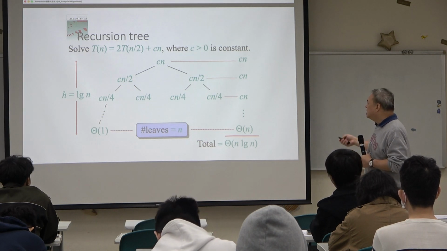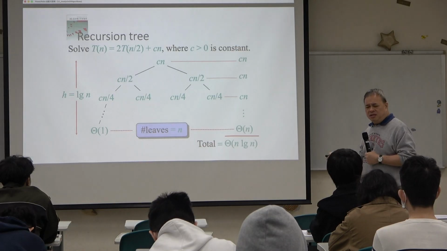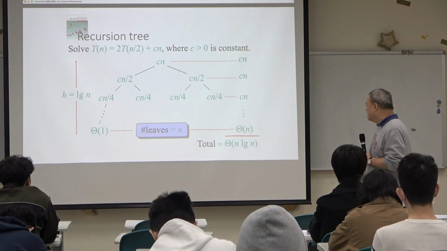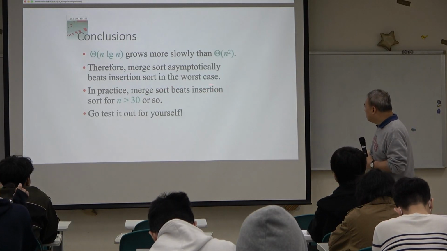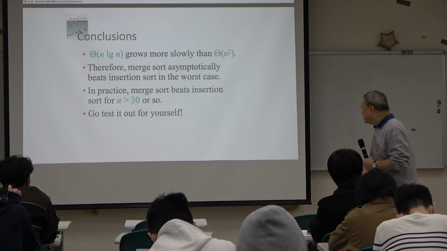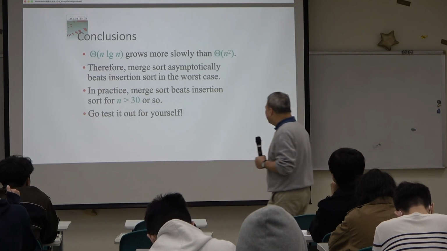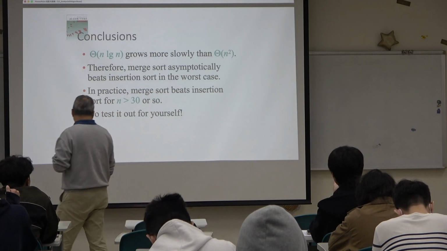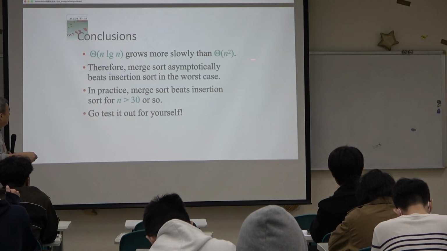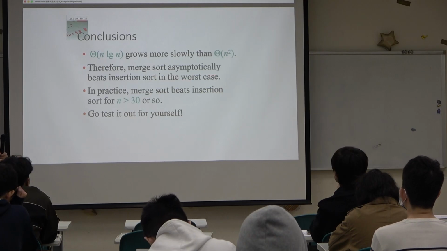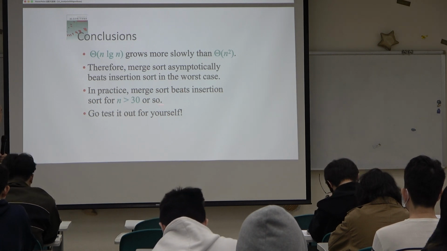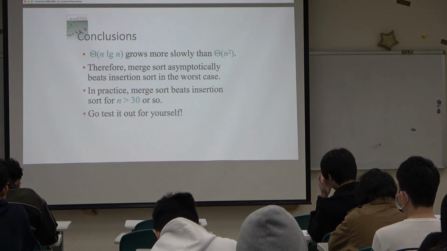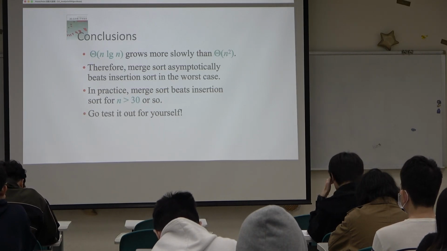So obviously, merge sort, in terms of asymptotic analysis, grows more slowly than theta n squared. But in reality, even though merge sort is asymptotically a better algorithm than insertion sort in the worst case, in practice, merge sort only beats insertion sort when n is greater than about 30.